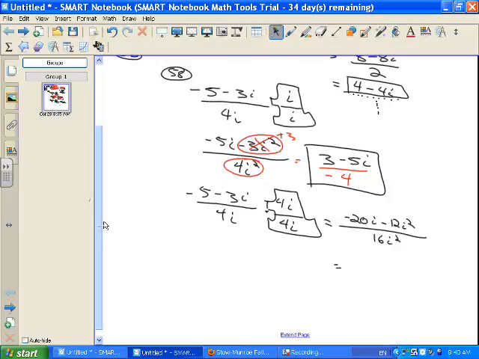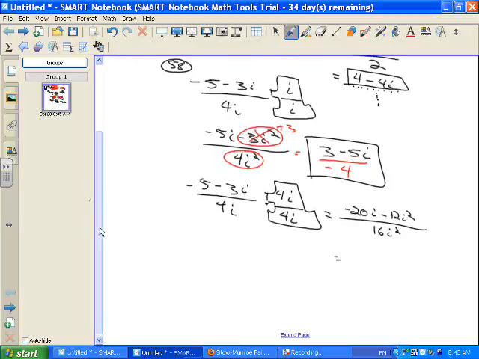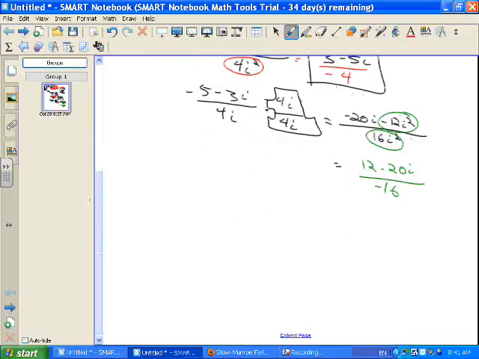What do I really have in the denominator here? Negative 16. And then in the top, what is this really? 12. So we get 12 minus 20i. What do all 4 of those have in common? 4. So I can go 3 minus 5i over negative 4.